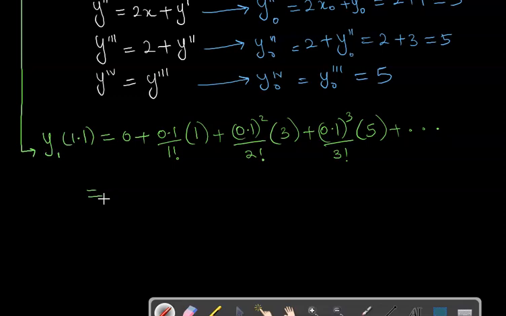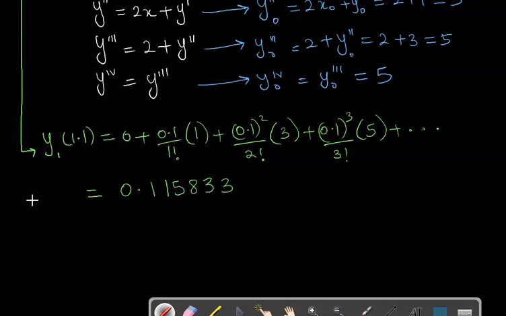So I'm going to do that now. 2 plus times 3 is 3, plus 0.1 cube times 5, over 6. So what I have here is 0.115833.